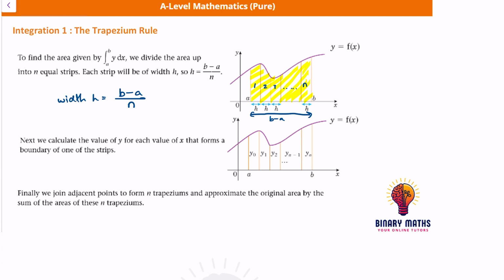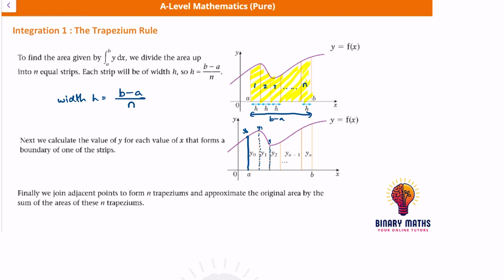Next, we calculate the value of y for each value of x that forms a boundary of one of the strips. If this is a, then the corresponding y value at a is y0. Similarly, the next one will be y1.